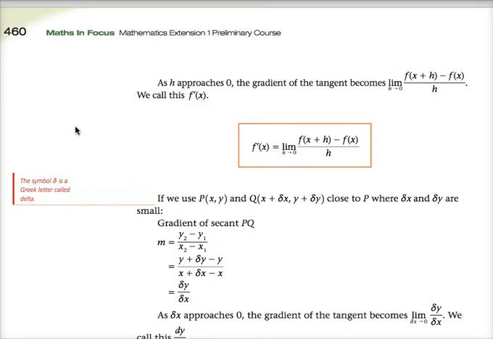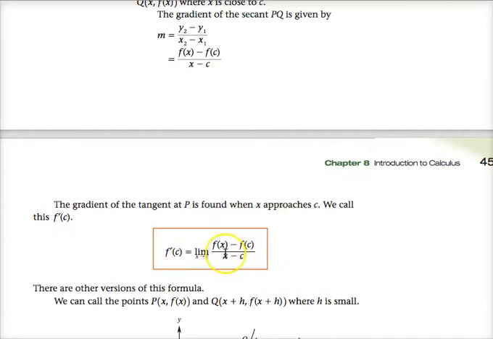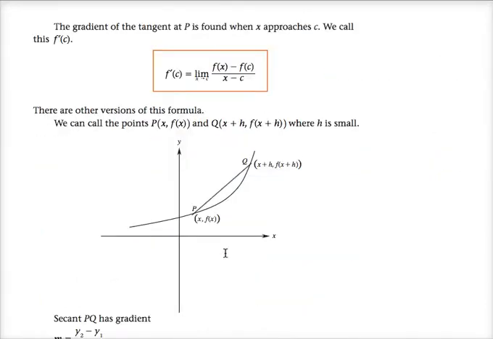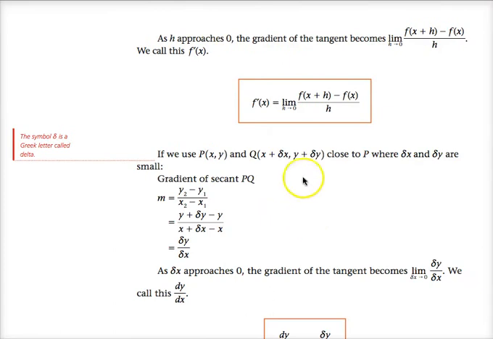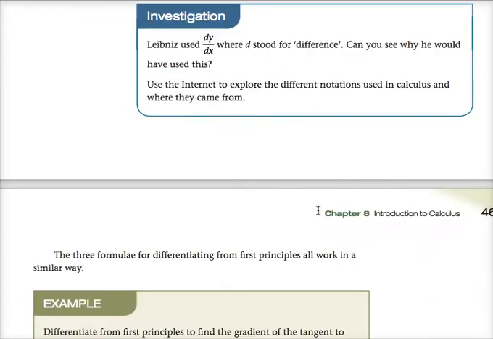So when you differentiate from first principles, this one here is the version I do want you to use. You would only go back and use this other version up here if you were stuck, okay? If you couldn't use that first version. And this is what I just briefly spoke about a minute ago using dy dx notation, but we're not going to do any questions really like that at the moment.